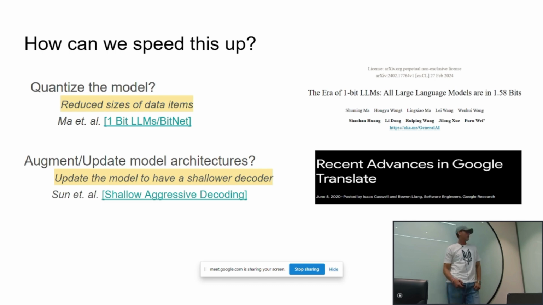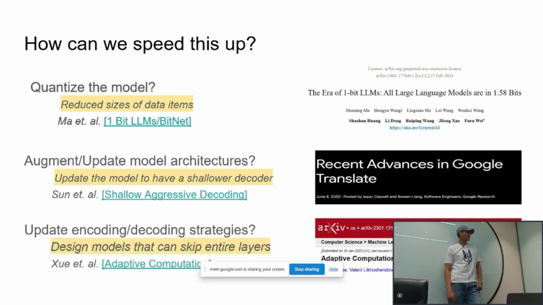So you can replace deep decoders with shallow decoders. Google released a blog in 2020 where they said that in their Google Translate application, they had actually moved away from an attention-based decoder to using an RNN-based decoder. So this also is another way to speed up.